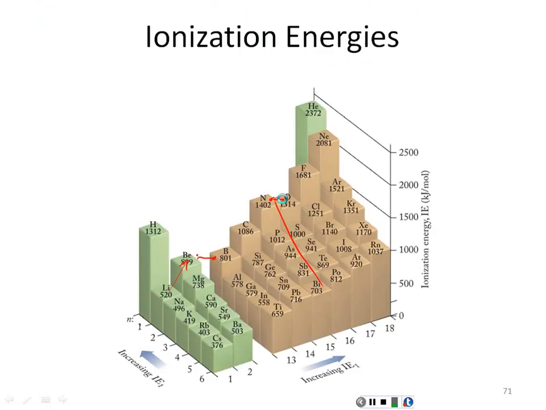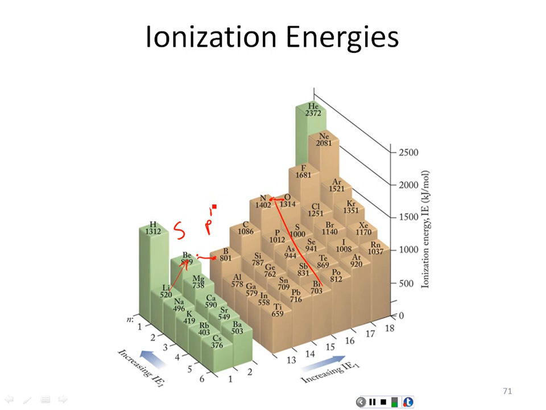And why is that? Well, here you're going from s orbital to p orbital. And it becomes much easier to remove one p electron and have a filled s shell than it is to remove one of a filled s electron or s orbital.